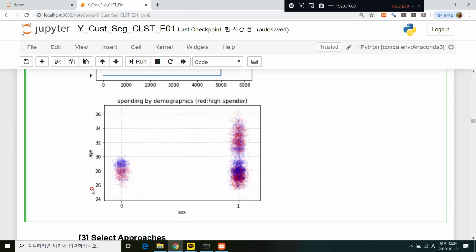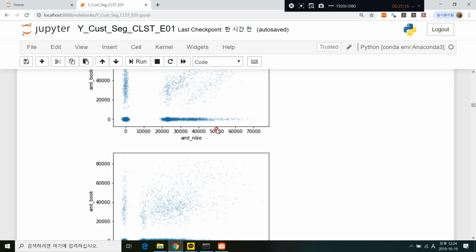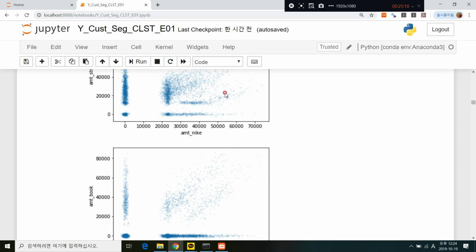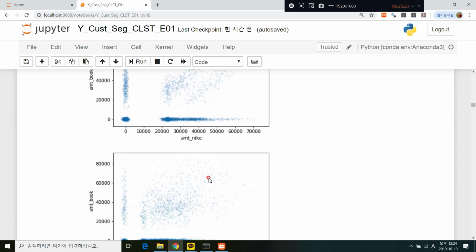We understood the overall patterns. Okay, demographics matter. That is related to customers' spending in terms of total amount, and there is a category by category difference in spending patterns. Okay?